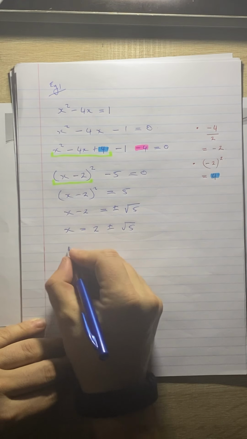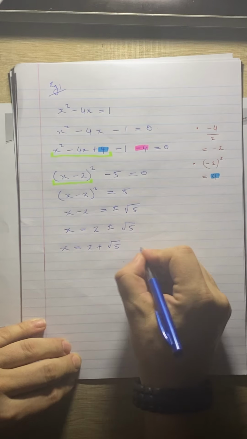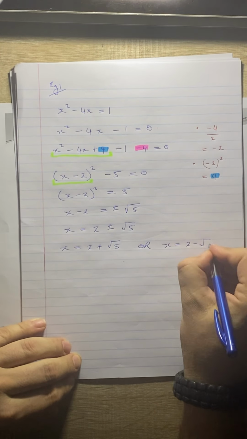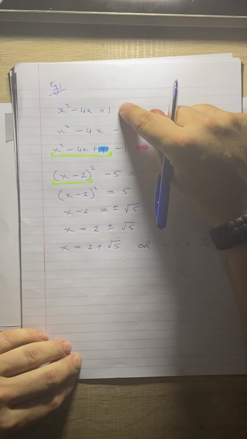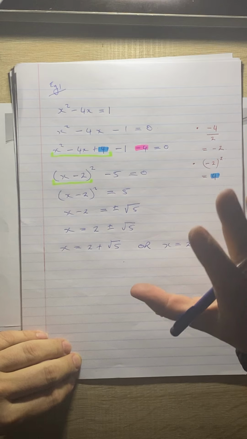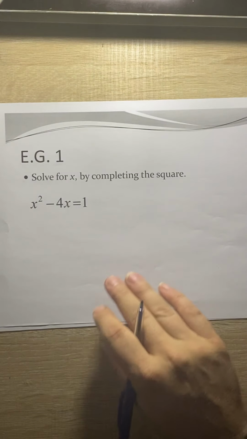And now I can split my two solutions. And there you go. We have solved this by completing the square, okay? And that is the method for completing the square. All right, let's have a look at the next slide.